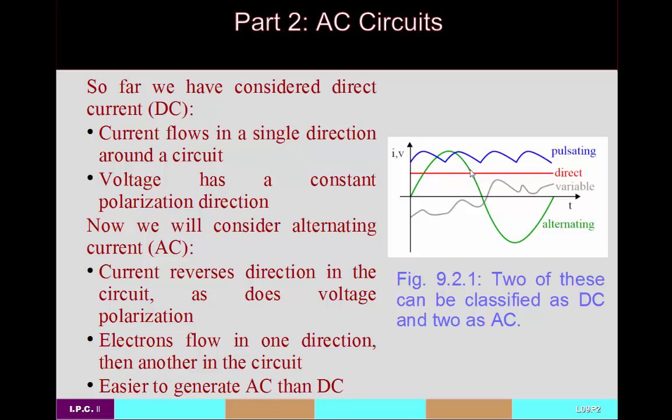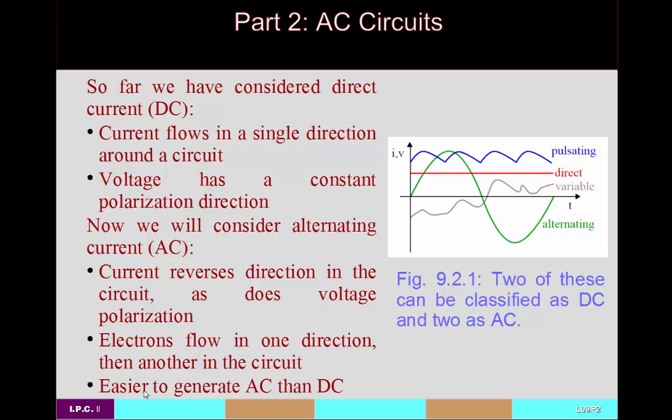Usually we use something like this green line because it matches the signal that would be generated for a standard AC generator with one loop. Basically, electrons flow in one direction initially, and then at some point they reverse directions and flow the other way, and then they reverse again, and so on.